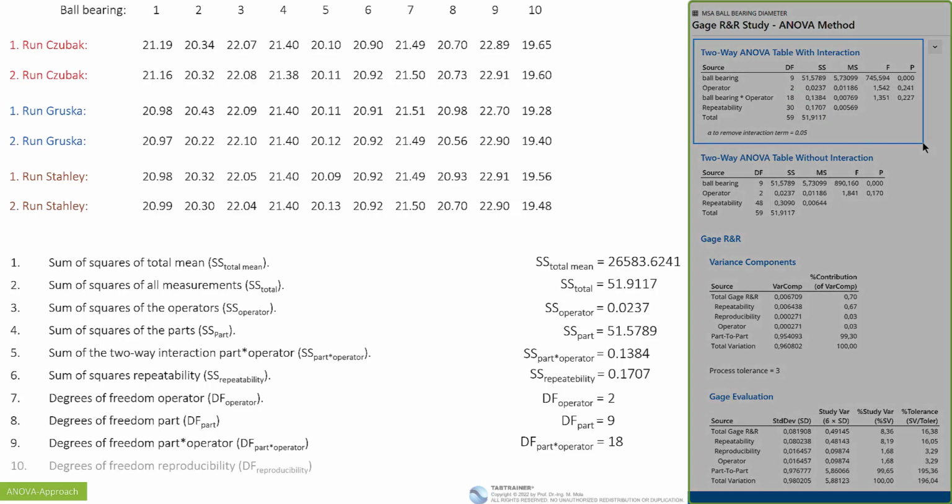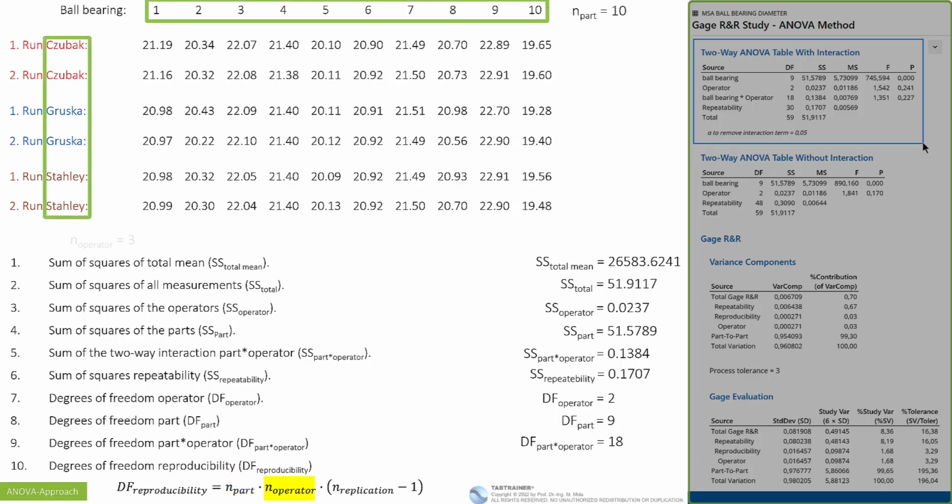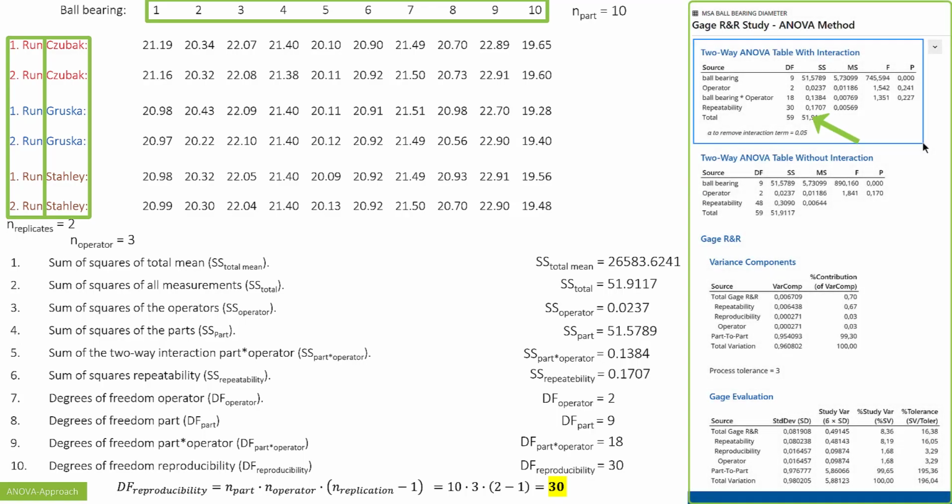In the 10th step, we calculate the still missing number of degrees of freedom for the source repeatability. This is given by the number of parts times the number of operators times the number of replicates minus 1. With 10 ball bearings, 3 operators and 2 replicates, this gives a number of degrees of freedom for the repeatability term of 30. We find this value in the output window at this point.